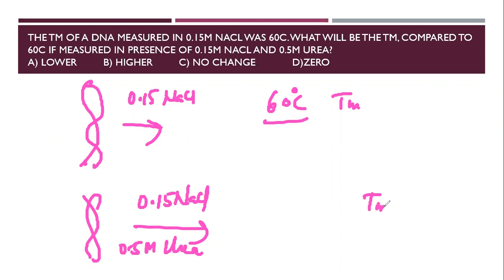What will happen to Tm? So what is urea actually? What is the function of urea? This we have already discussed in the Mole Bio series. What does urea do? It is a chemical denaturant.